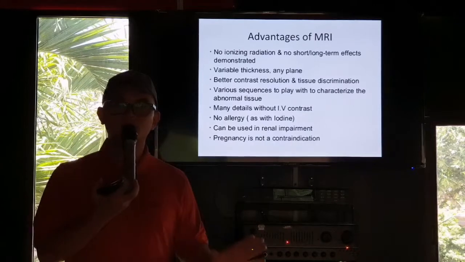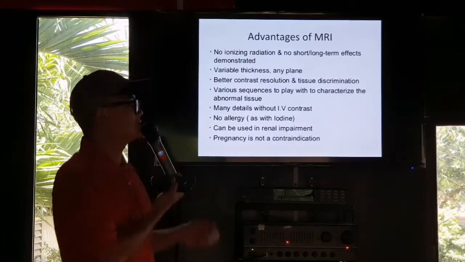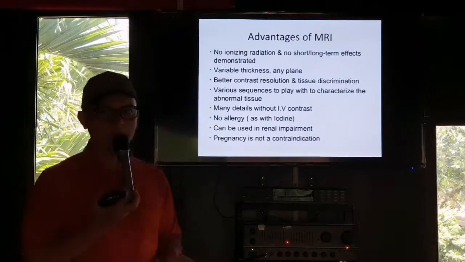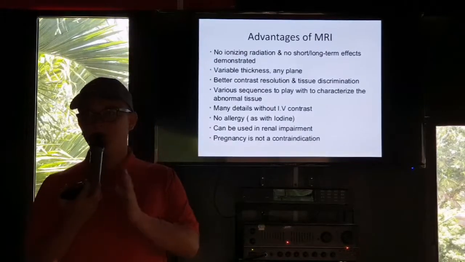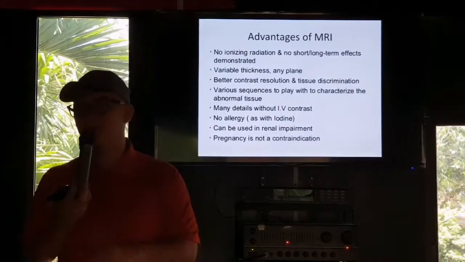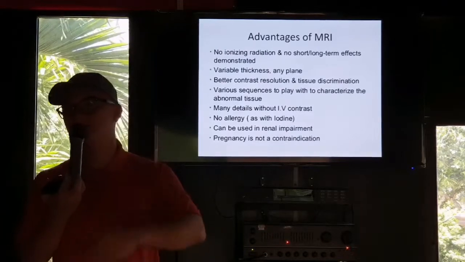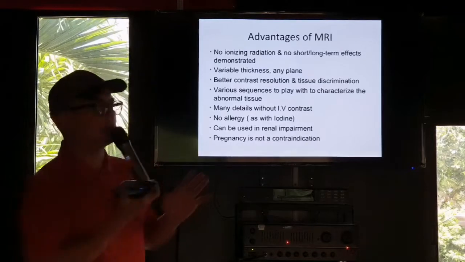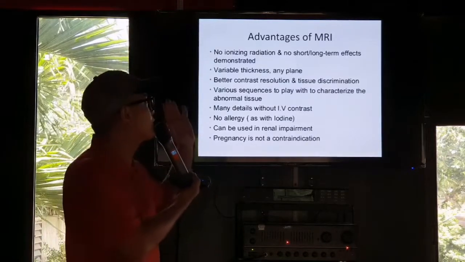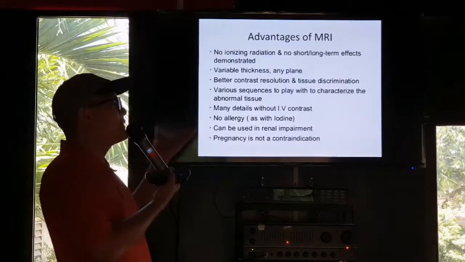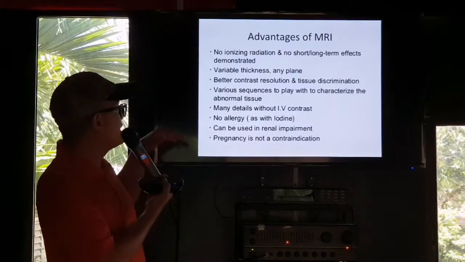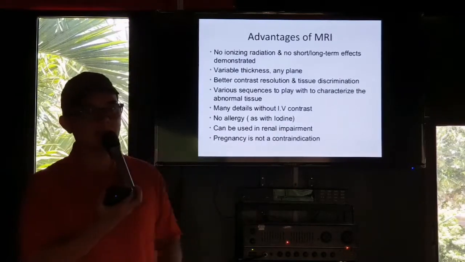Better soft tissue resolution. And of course, ionizing radiation is practically absent in MRI. CT, we all know, it uses X-rays, and it uses a series of X-rays, so it's higher ionizing radiation, higher effect on the patient, whereas MRI, of course, no short and long-term effects because it does not have ionizing radiation. It has many details even without an IV contrast.